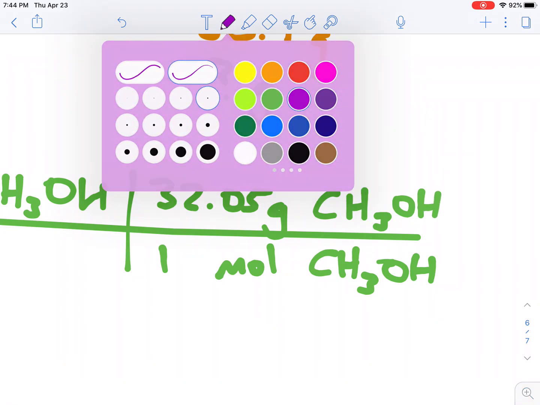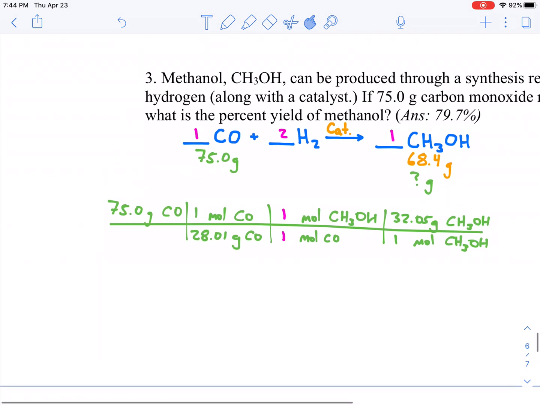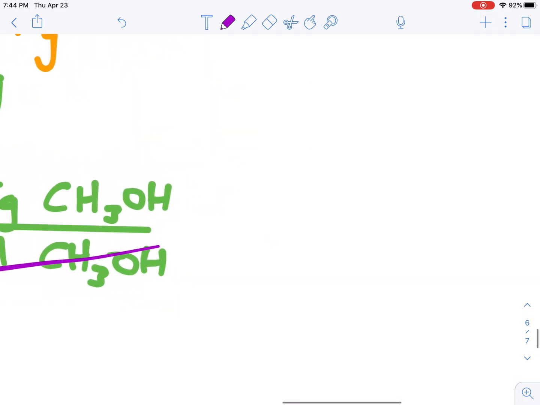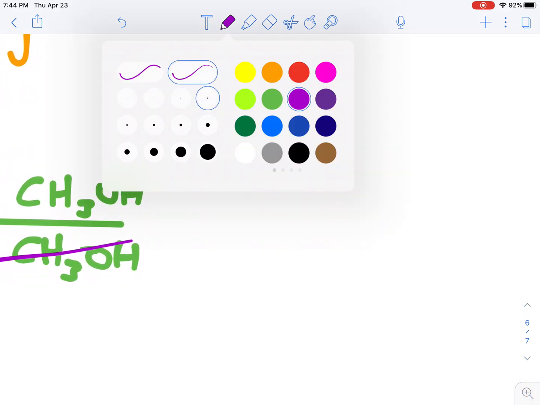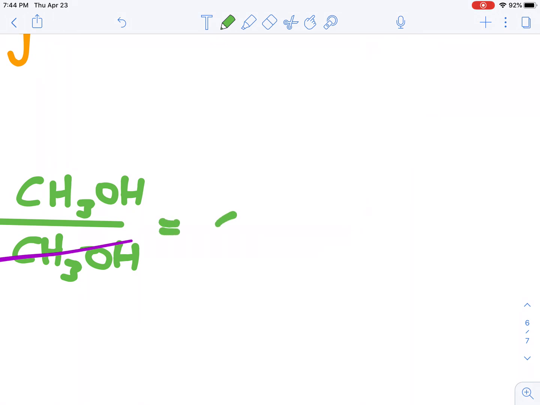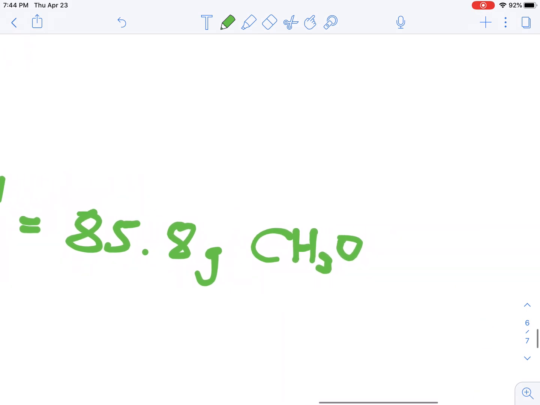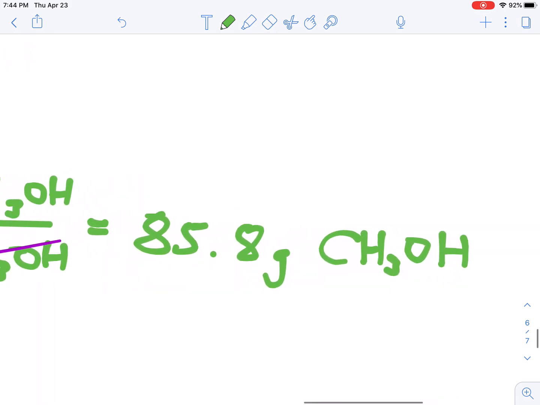So again, conveniently, our units all cancel. Grams of carbon monoxide cancel, moles of carbon monoxide cancel, moles of methanol cancel. When you do this, sig fig wise, we started with 3 because it was 75.0. We'll end with 3. This turns out to be 85.8 grams of CH3OH that we could make if everything went perfectly.